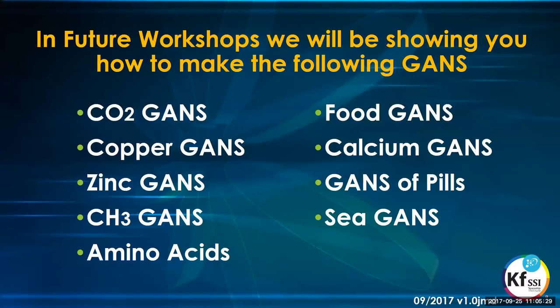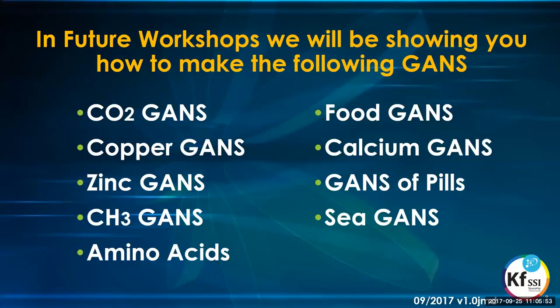So by understanding the basic concept, you can begin to learn and do all this yourself on your kitchen table or in your garage. You'll be able to create all this material for yourself, and then use it in various ways for health and for agriculture and for energy.